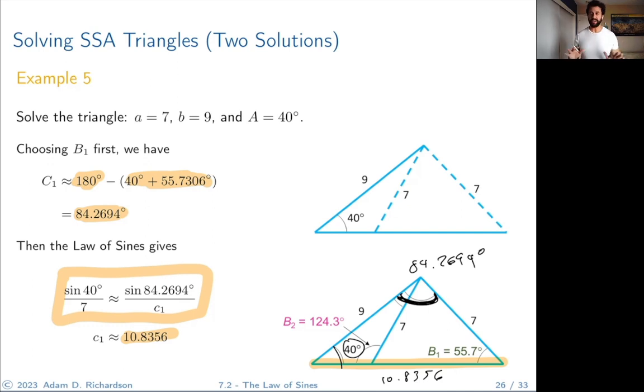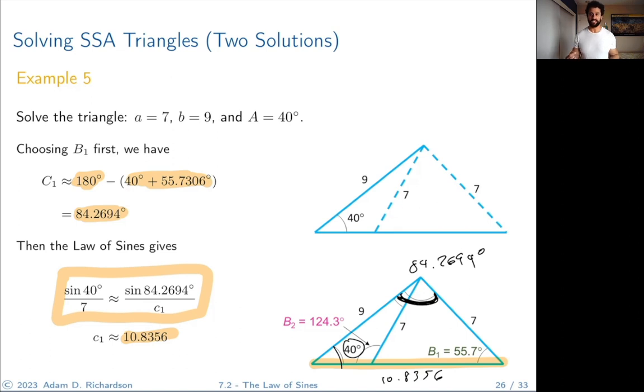But again, these figures are not necessarily drawn to scale. Certainly the figures that I sketch by hand are not. So do not let a picture fool you into thinking that's actually what it looks like. It looks like the book is trying to keep a scale just so that it's intuitive, but there's no guarantee that these things are to scale at all. So that's what we get if we choose B1.